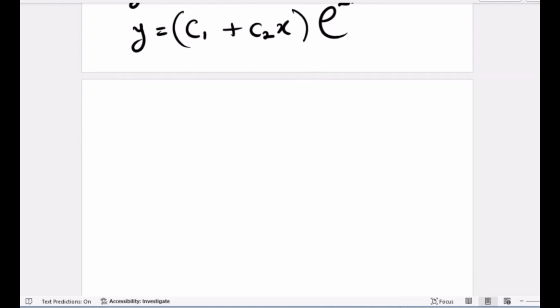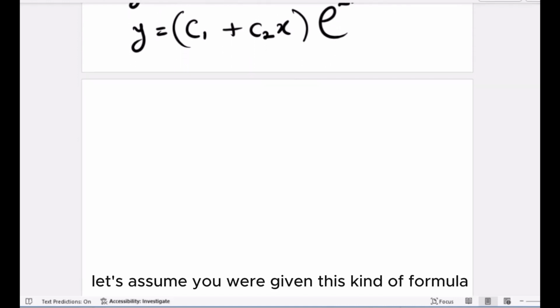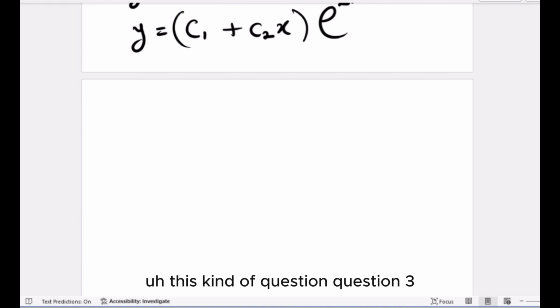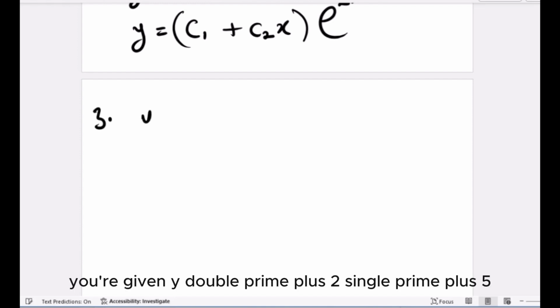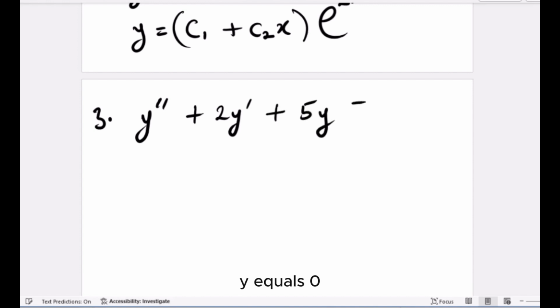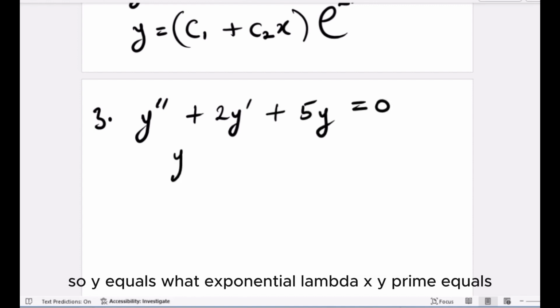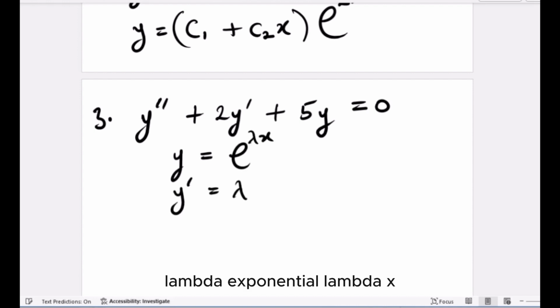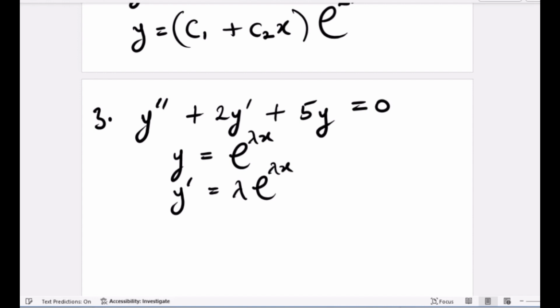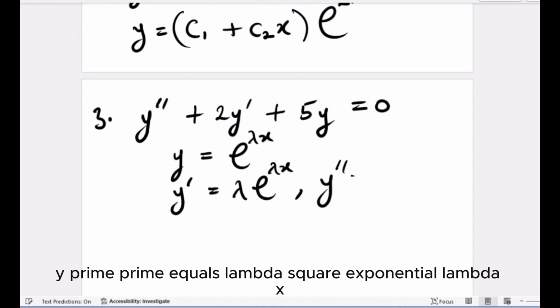Let's assume you're given this kind of question, question 3: y double prime plus 2y single prime plus 5y equals 0. So y equals exponential lambda x, y prime equals lambda exponential lambda x, and y prime prime equals lambda squared exponential lambda x.